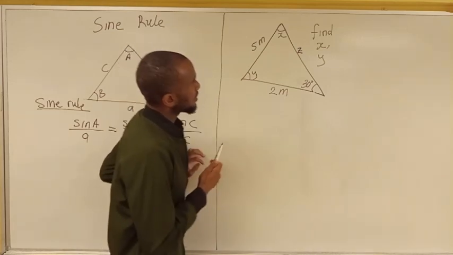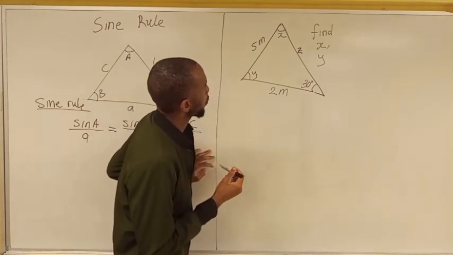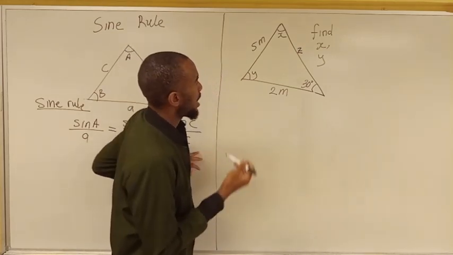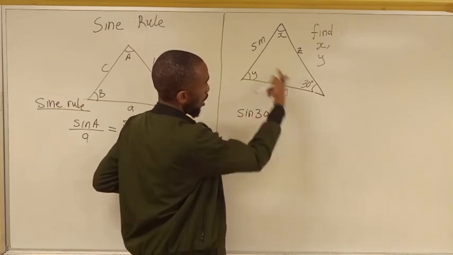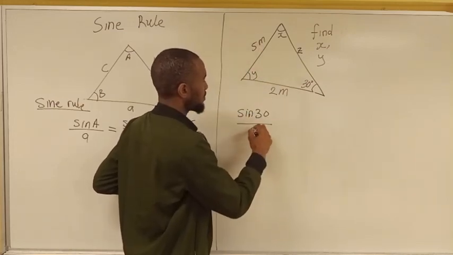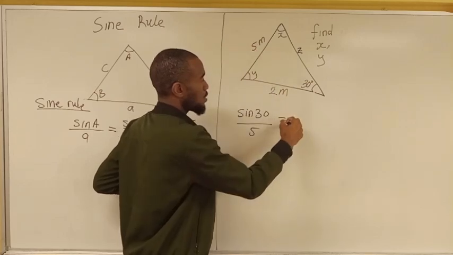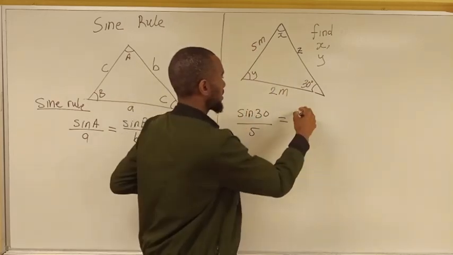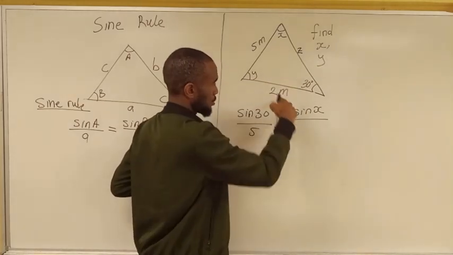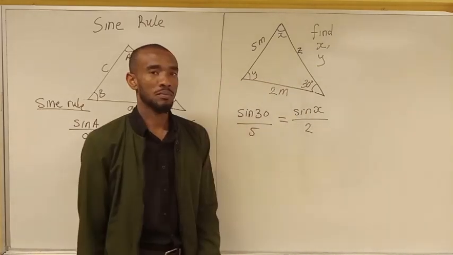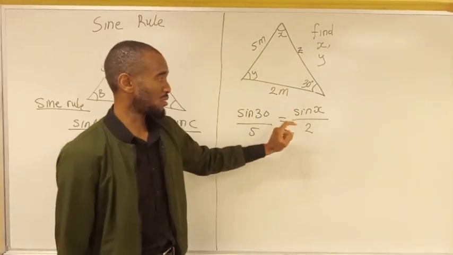So to find that, we're going to apply the sine rule. The sine rule states that sine of 30 all over 5 meters must be equal to the sine of x all over 2. So this is what the sine rule is saying.